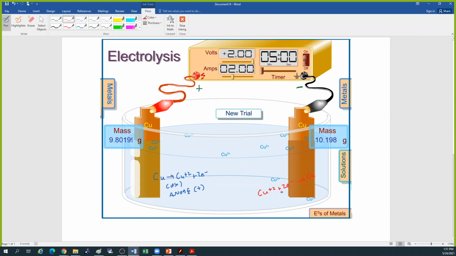So that's why this is our reduction reaction, and this is our cathode, which is, in this case, the negative terminal. So you'll notice here, where the reduction happens, the mass increases, meaning we are getting metal to plate onto this electrode. On this side, the mass decreases.